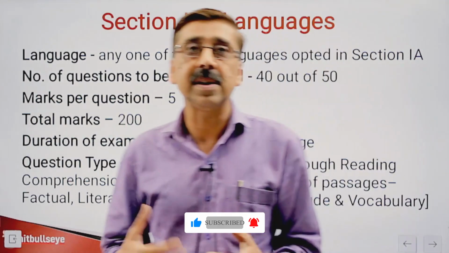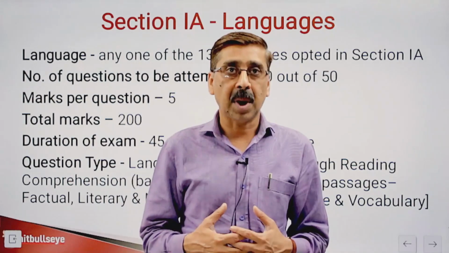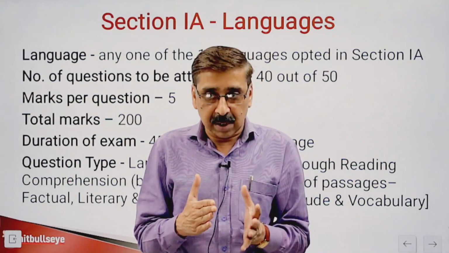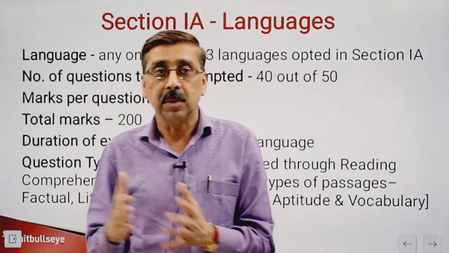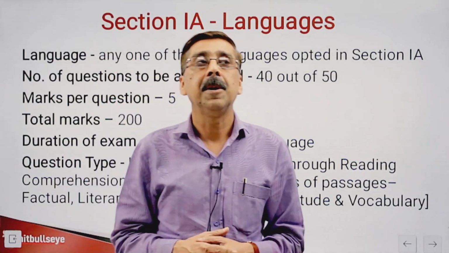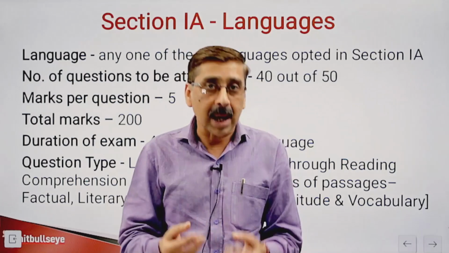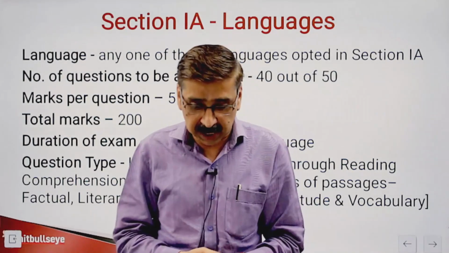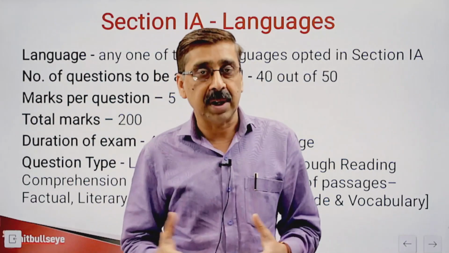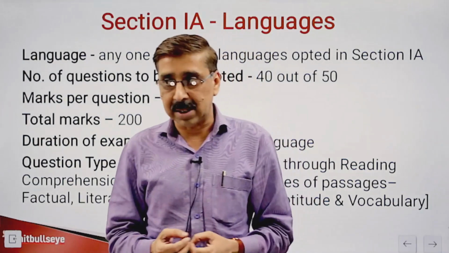And if I look at this year's analysis, CUET 2022, primarily the weightage varied from day to day, slot to slot. On one of the days there were 3 RCs consisting of 5 to 7 questions each, and in one of the slots, on one of the days, there was only 1 RC.